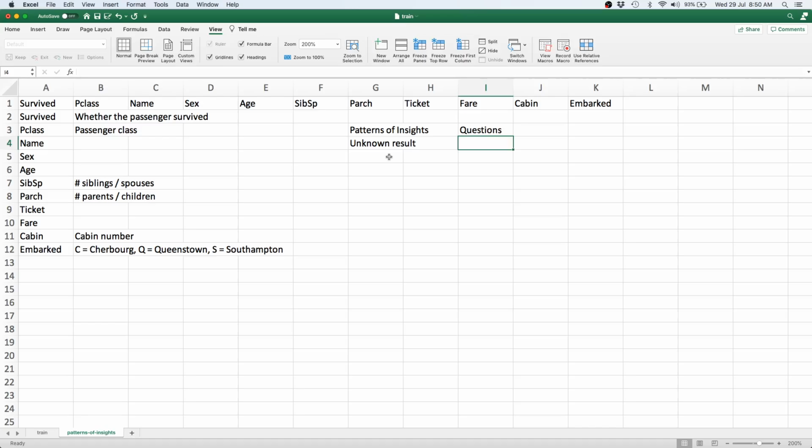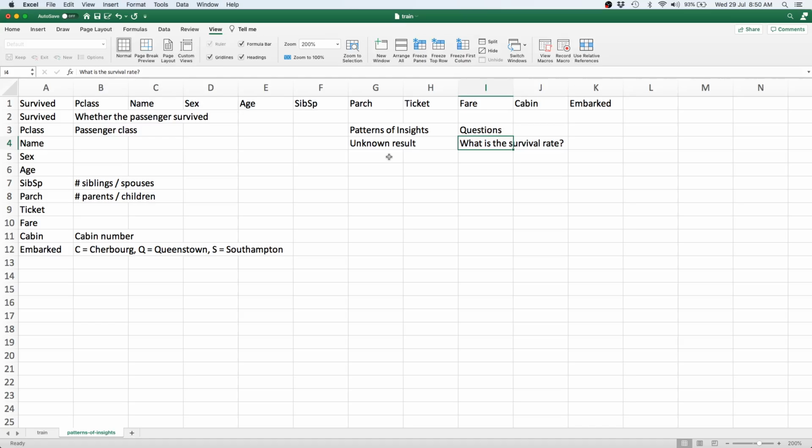Obviously, since it's a data set about the passengers of the Titanic, we might want to find out what is the survival rate. Now we know that this is going to be a low figure. Essentially, the Titanic disaster is known as one of the worst maritime disasters in history, and that is for good reason.